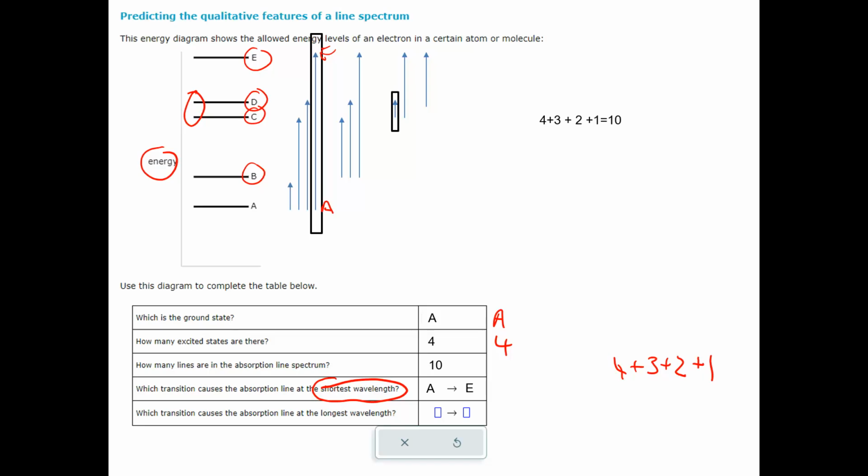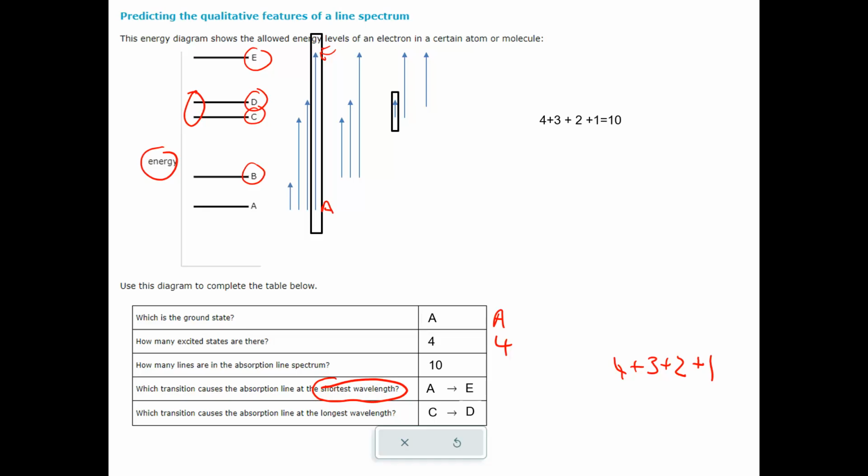It's going to be that one there. That one is the smallest. So even though we don't have a scale, we can still eyeball that. So C to D is going to be the one which has the longest wavelength because it has the least amount of energy involved. Okay, it's not too bad. We're not really calculating anything there.